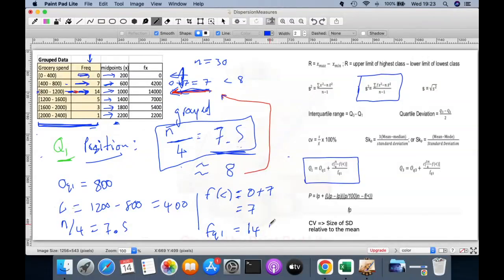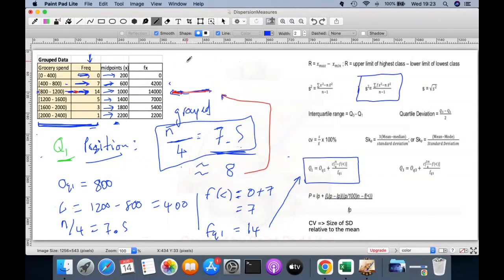So you have all the values you need to plug into this equation. And if you do that, you'll get a value of, I'll tell you now, 814.29. So your answer here for the first quartile will be 814. Let me just find some space to write this.